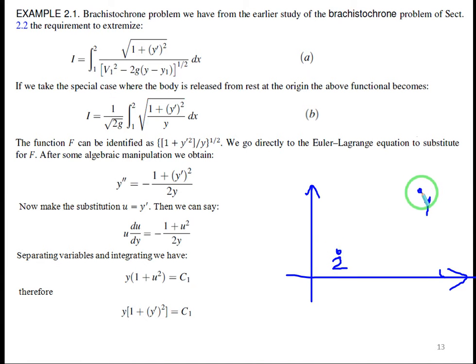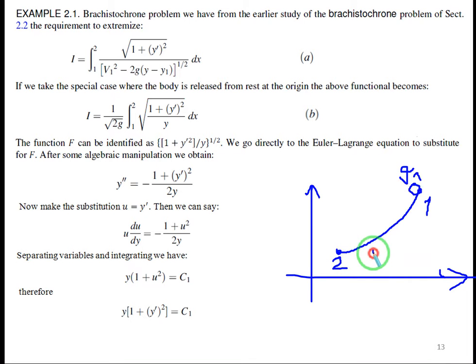There is a frictionless path between point 1 and point 2. Let's name it y of x. There is a mass with initial velocity v1, which slides through this path. We want to find the path.